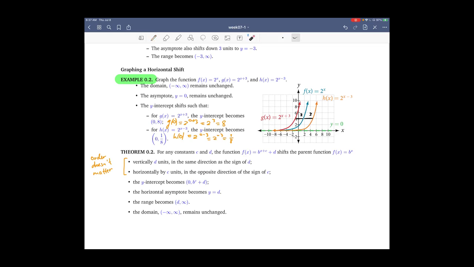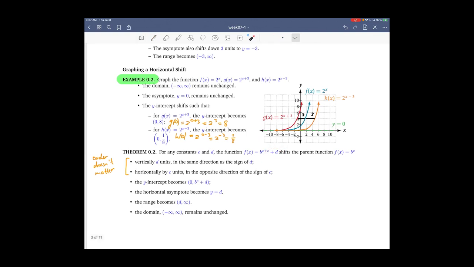You can, for instance, first shift vertically. You shift vertically by d units upward if d is positive, and if d is negative, you would shift by negative d units downward. Likewise, to account for the plus c term, you shift horizontally.